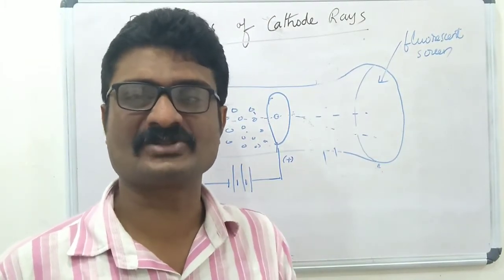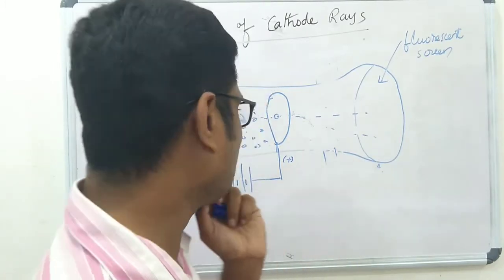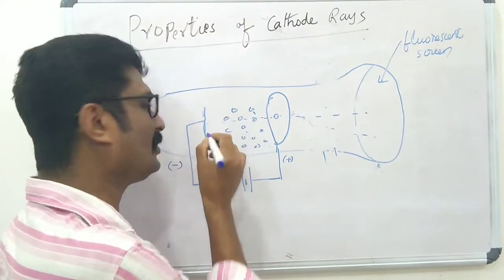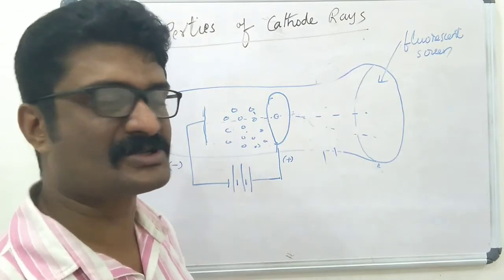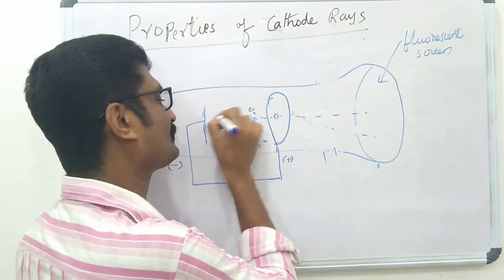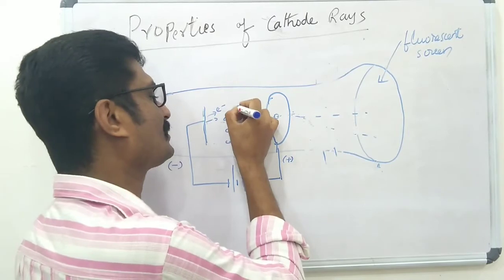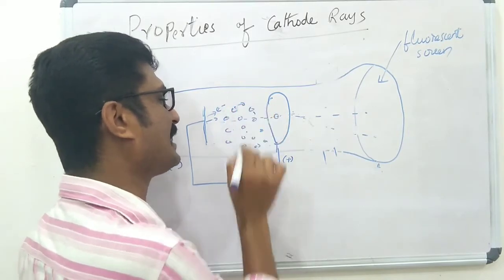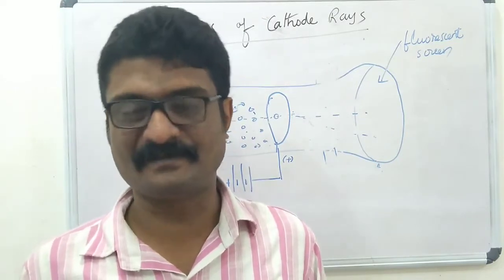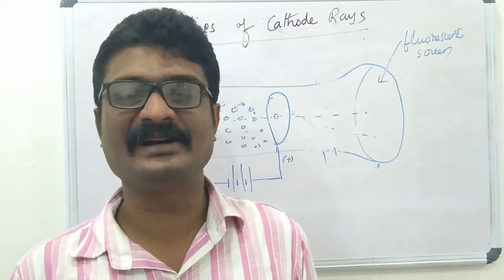Cathode rays ionize the gas through which they pass. That means, we know cathode rays are electrons. These electrons knock out the outermost electron from the gaseous atom, and the gaseous atoms are changed to positively charged ions.